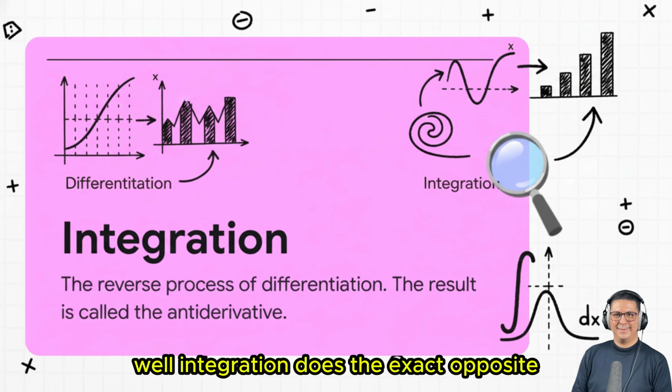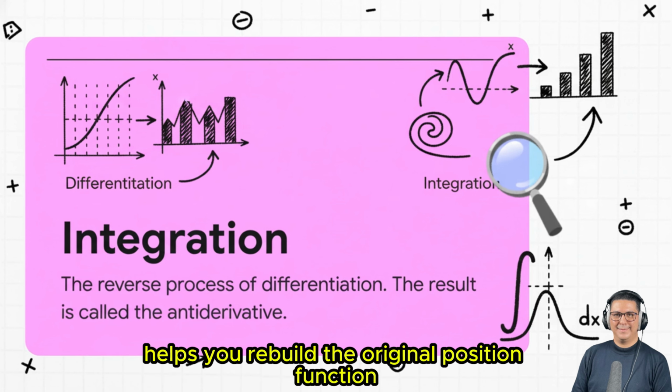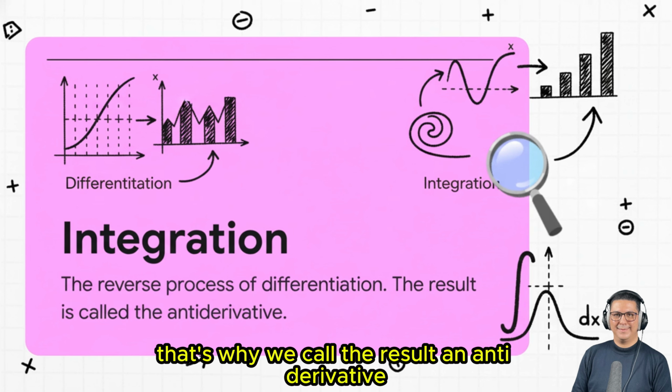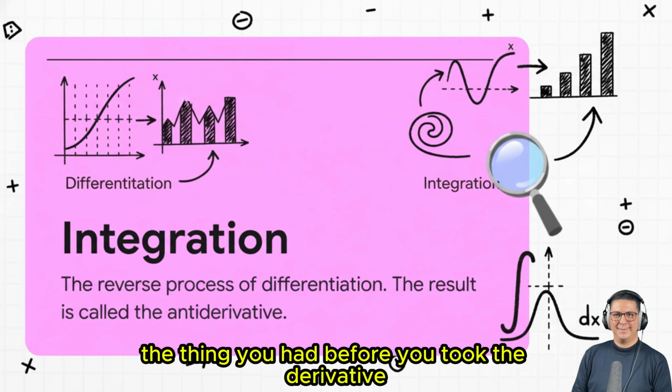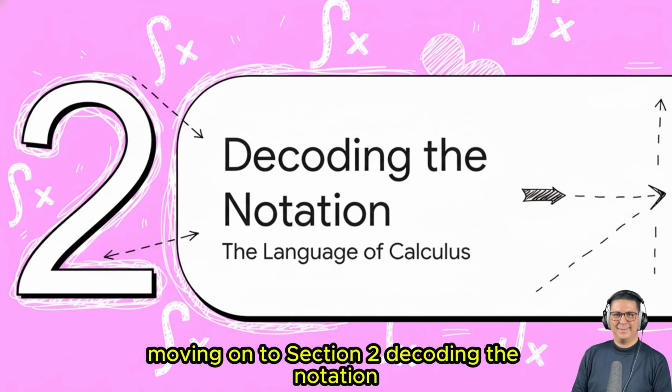Well, integration does the exact opposite. It's like if you have the speed, integration helps you rebuild the original position function. That's why we call the result an antiderivative. It's literally the thing you had before you took the derivative. It's the reverse.